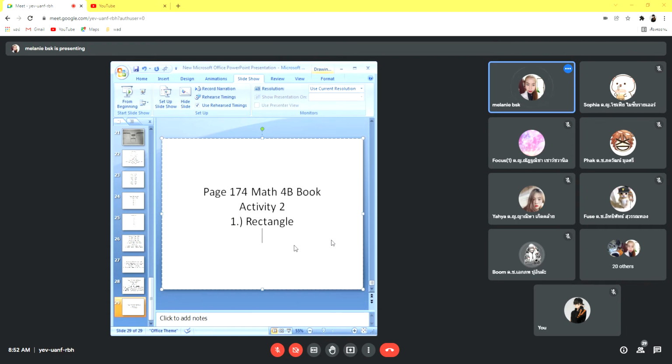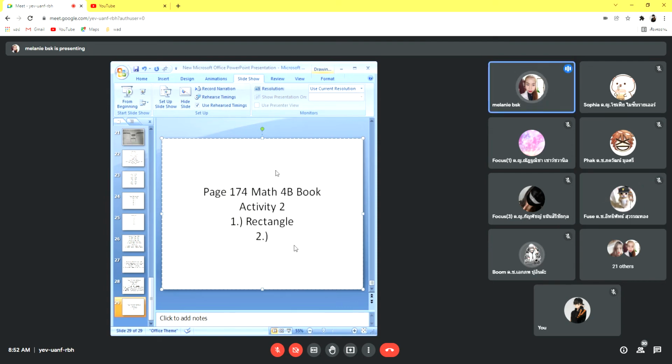Okay. How about number 2? Focus 3, are you finished with your activity? Okay, number 2. What is the answer for number 2? A rectangle or a square?